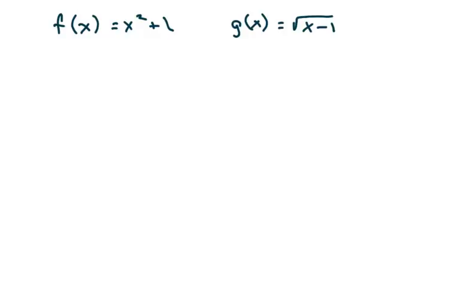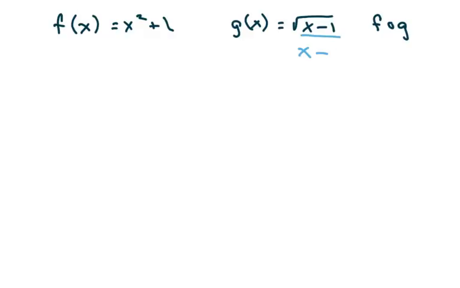And the next one we have is f of x equals x squared plus 1, and g of x equals the square root of x minus 1. We want to find the domain of the composite function. So basically, we first find the domain here.